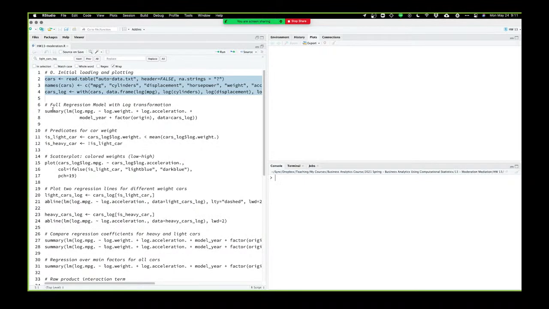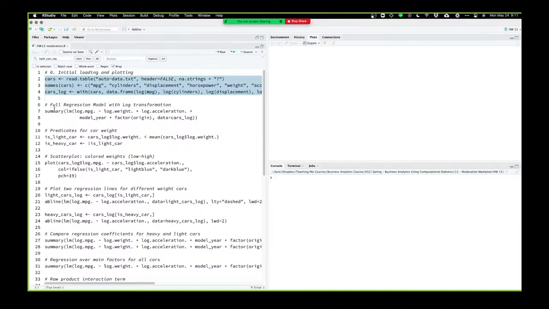Now, in the homework, I asked you to split this data set into lighter cars and heavier cars. One way of doing that is to simply take the mean weight and say the lighter cars are below the mean, the heavier cars are above the mean. I don't think anyone asked me this specific question about categorizing the cars into light and heavy.